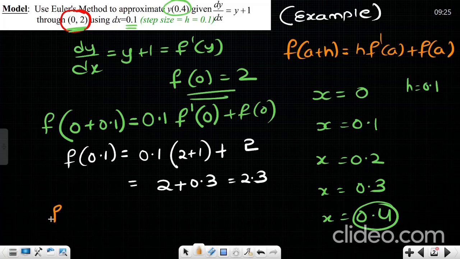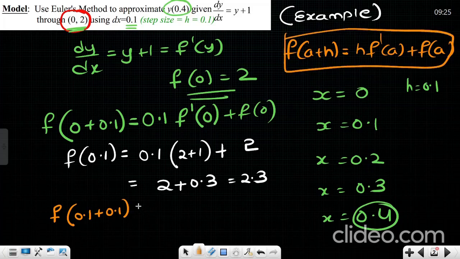Now let's find f of 0.2. How will we find f of 0.2? Nothing but 0.1 plus 0.1. I am always using the standard formula here. The h value is always constant, 0.1, into f dash of 0.1, plus f of 0.1.